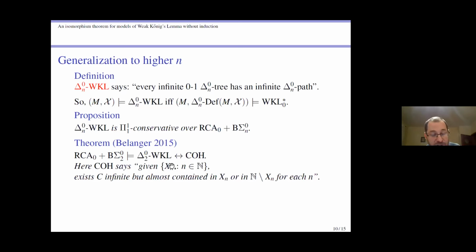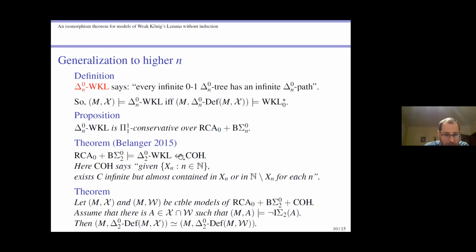So it's like a largeness notion for these sets, or sort of an ultrafilter for this particular family. Namely, there's an infinite set C that for each n is either almost contained, up to finitely many elements, in the set Xₙ or in its complement. So that's the cohesiveness principle, and it has been known that Δ₂ weak Kőnig's lemma is exactly this thing.